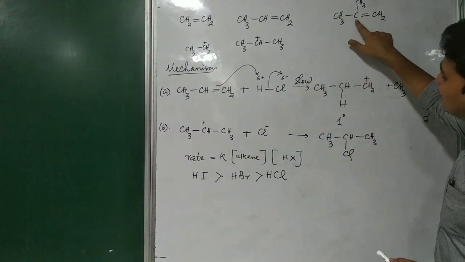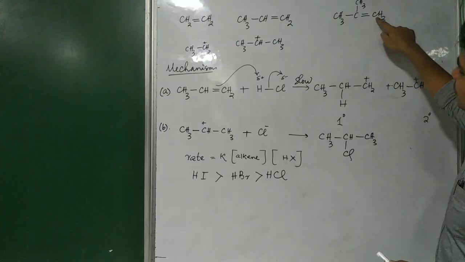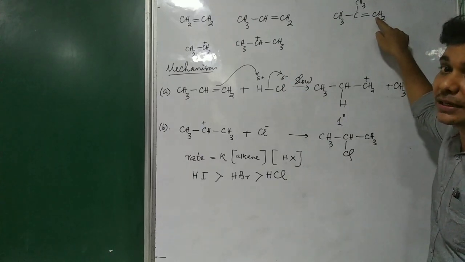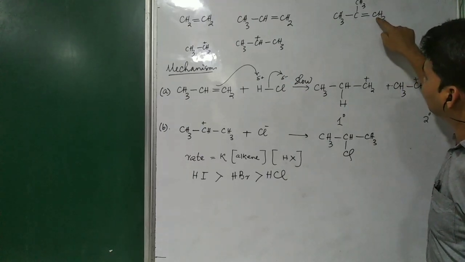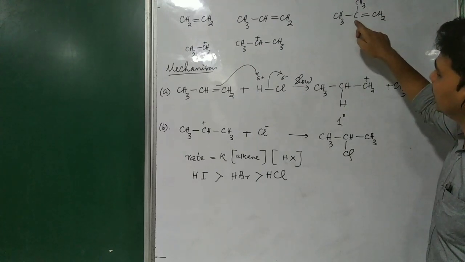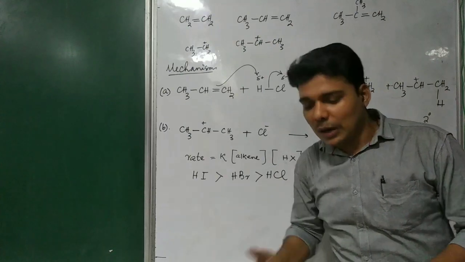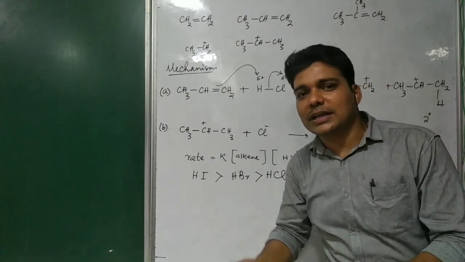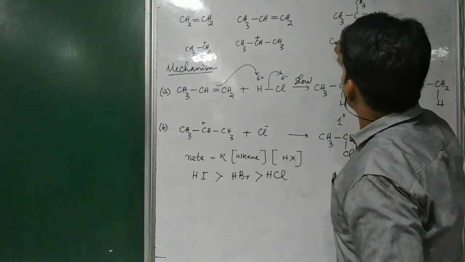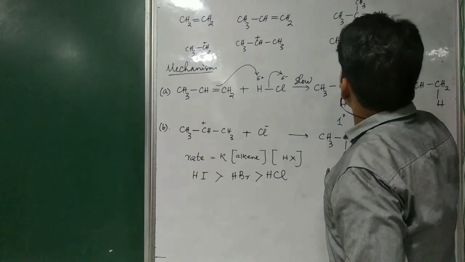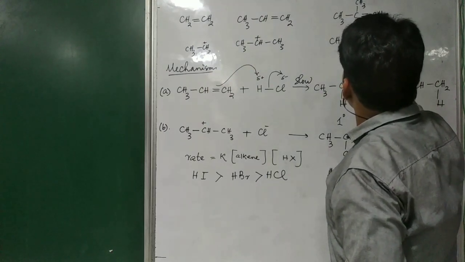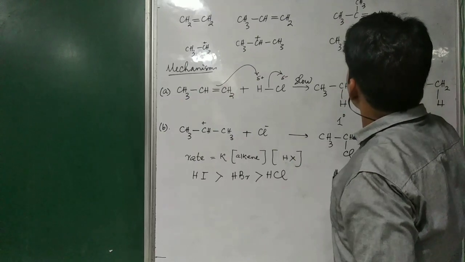When hydrogen is added to this carbon, positive charge will appear over this carbon, that is a primary carbocation. And when hydrogen is added to this carbon, positive charge will appear here, it is a tertiary carbon, so you will get the tertiary carbocation. Tertiary carbocation is more stable than primary. So I need to manifest the formation of the tertiary carbocation here.